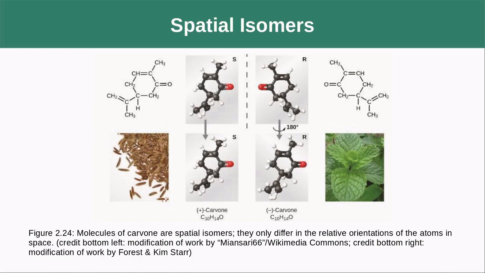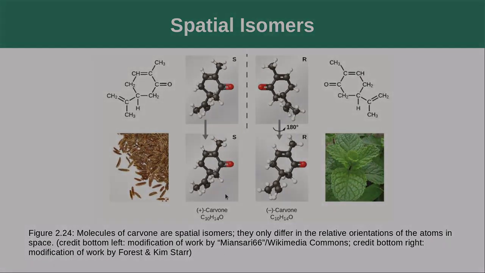But when they went to distribute it, in order to save costs, they left the R form in there as well. And it turned out that the R form actually led to birth defects. So it's very important to recognize these sorts of things, and always be very careful with any kind of product that you use, to figure out whether or not it's safe.